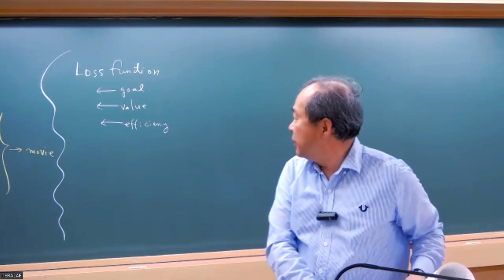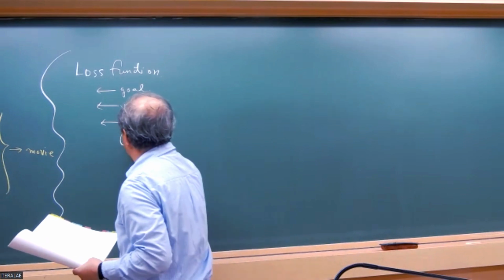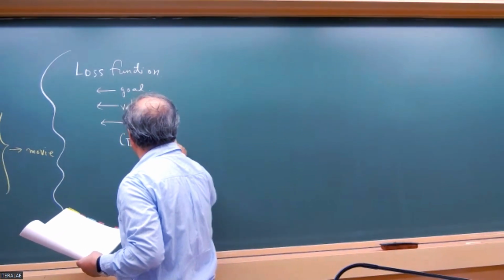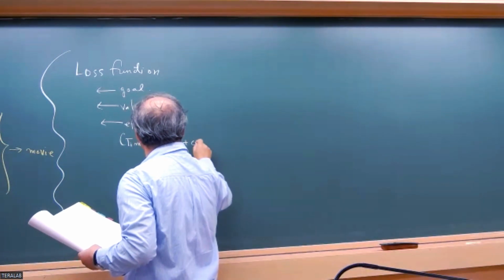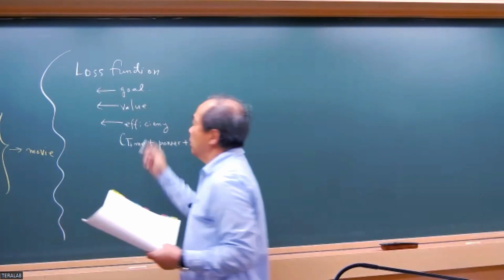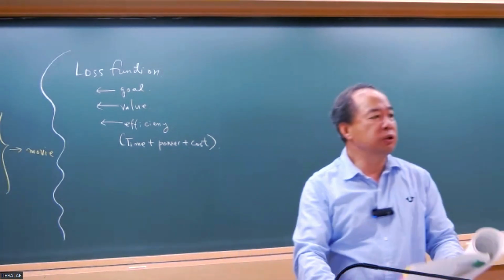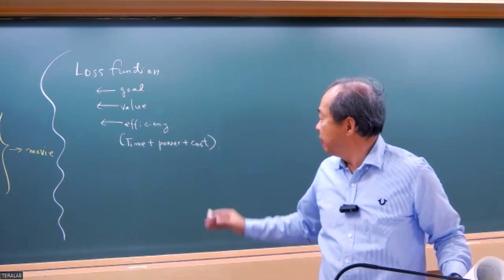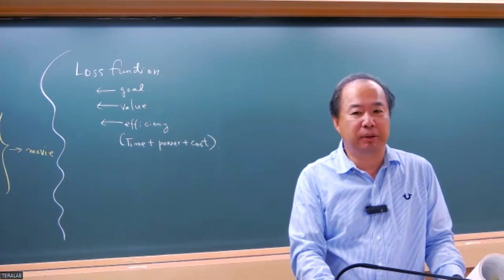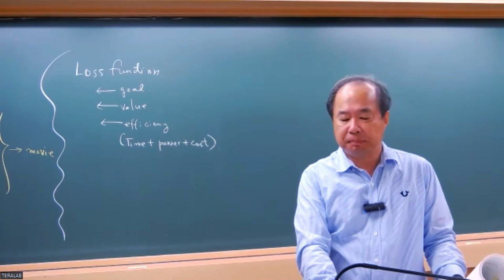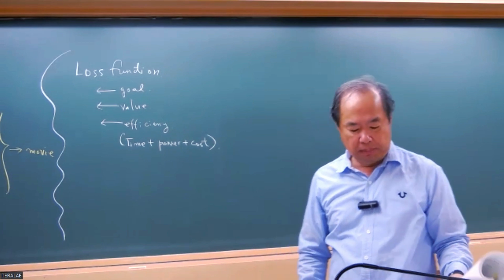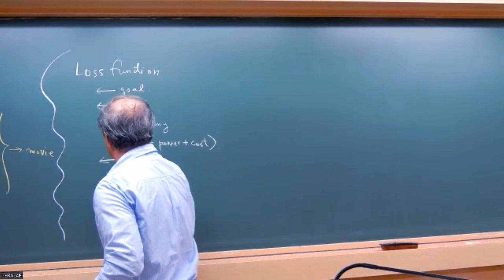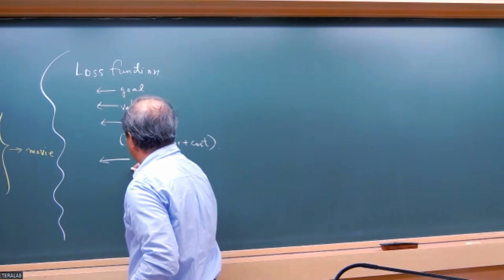Efficiency means time and power consumption. Eventually, depending on the choice of loss function, your generative AI may have different time, power, and cost. Also, loss function depends on the architecture.